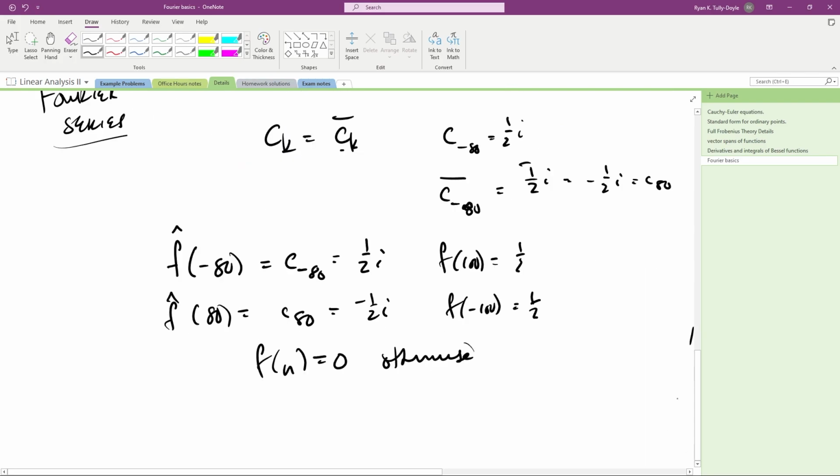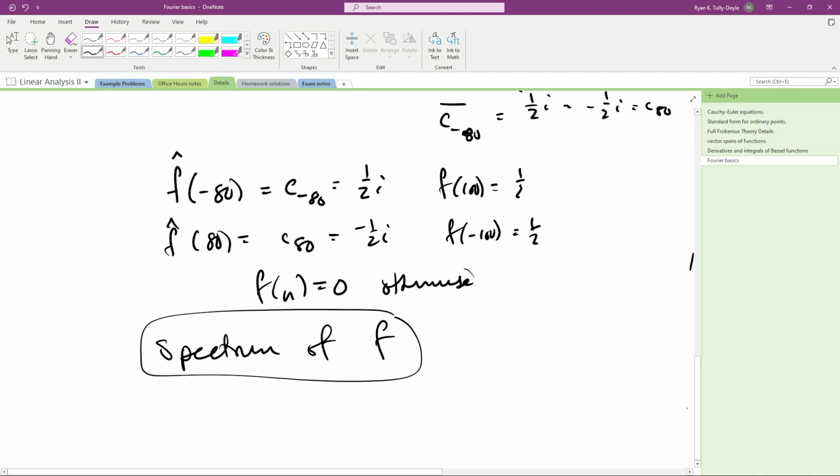And these complex numbers that the transform produces, the coefficients of a Fourier series, are called the spectrum of f. So the spectrum of f is this arrangement of complex coefficients that correspond to given frequencies. If you know the spectrum of a function, then you already know what the oscillating parts of the function are and what frequency they oscillate at, but you also know how to reconstruct the function because you know the coefficients of the Fourier series. So f and f hat contain the same kind of information.